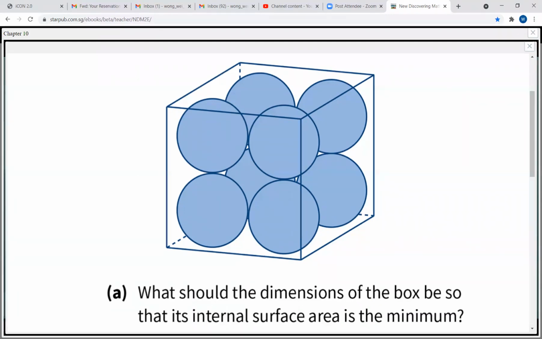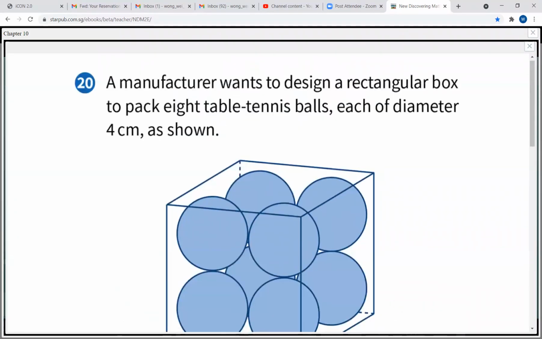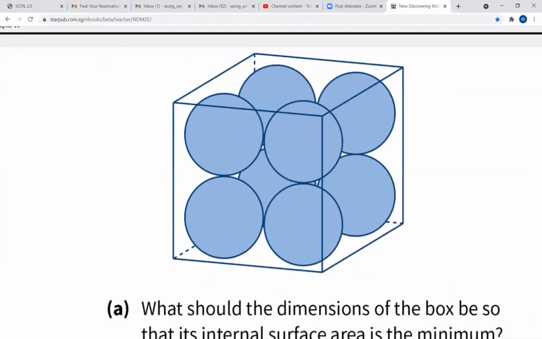So if I want it to be the smallest, and I know that the diameter is 4 cm, so this is 4 cm, this is 4 cm, total 8 cm. Okay, I know the height already, that's 8 cm. Similarly, 4 cm over here, another 4 cm, 8 cm. Likewise on the other side. So this is actually a cube. 8 cm, 8 cm, 8 cm.